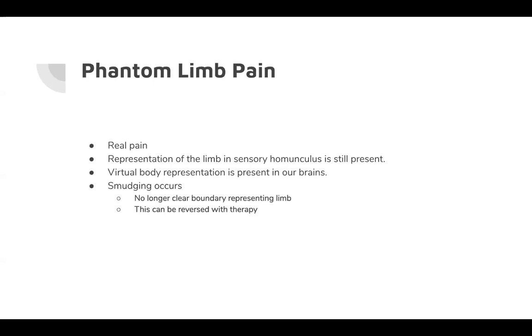Can you rephrase that question again? How do you know where the body starts and stops? So when we are born, we have a virtual body already imprinted in our mind in that postcentral gyrus, in the sensory homunculus. So it's already built in.